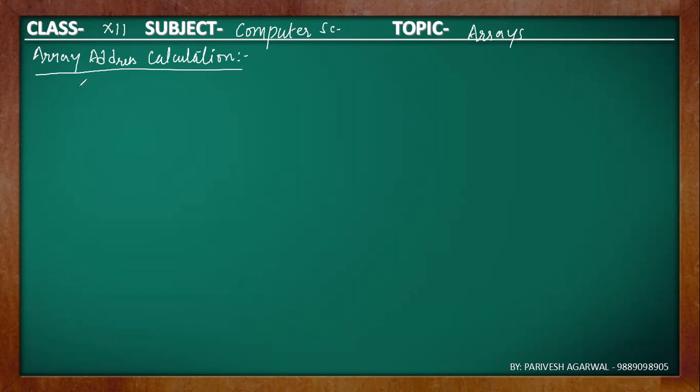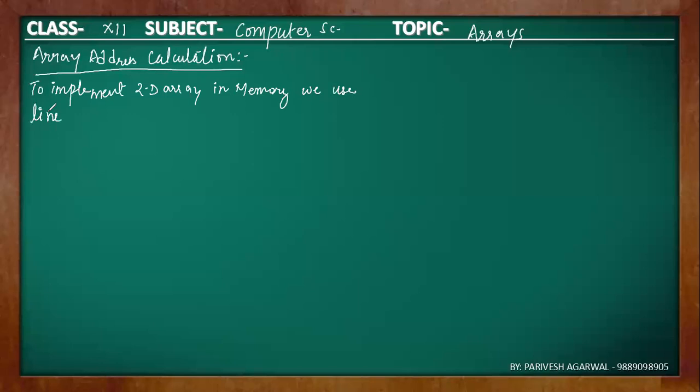There are two types of linearization method. So what we do to implement a 2D array in memory, we use the linearization concept, and it is of two types.